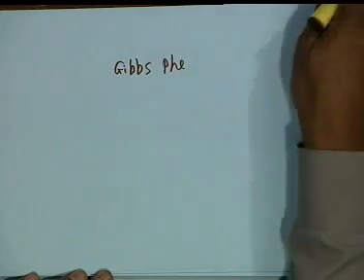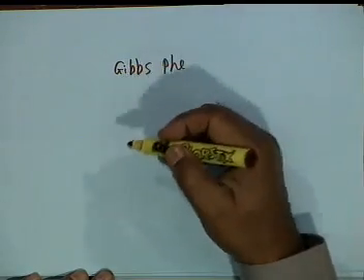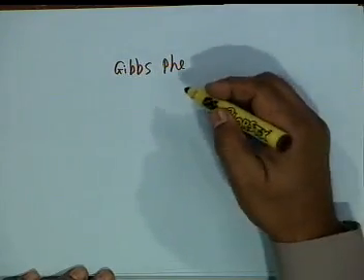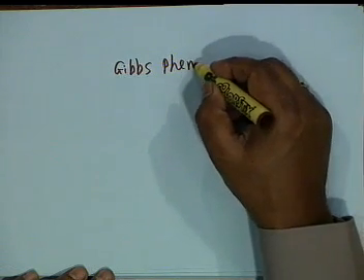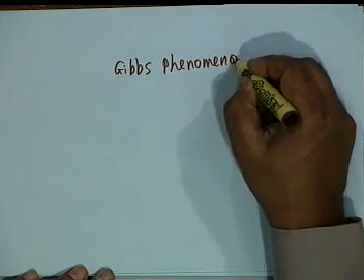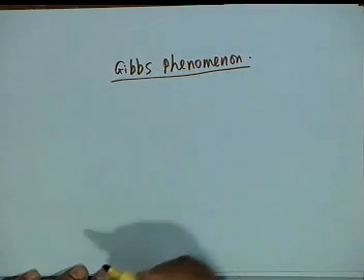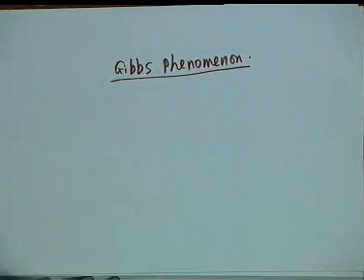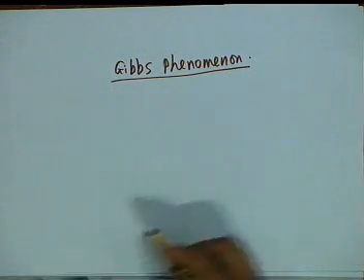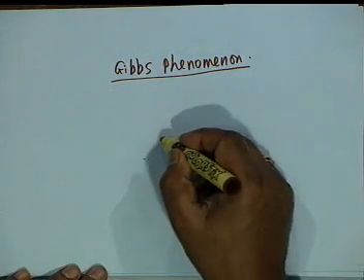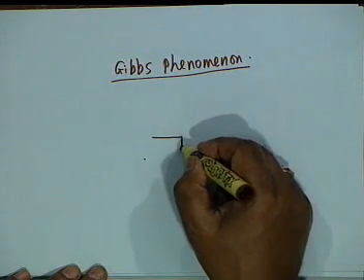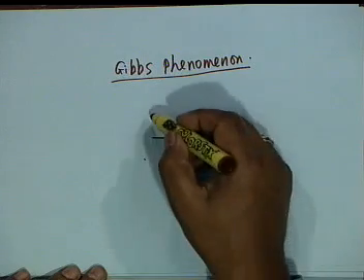The name is Gibbs, it is not Gibb, it is not apostrophe s. The name is A. J. Gibbs phenomenon, and Gibbs phenomenon occurs whenever you want to approximate a discontinuity.